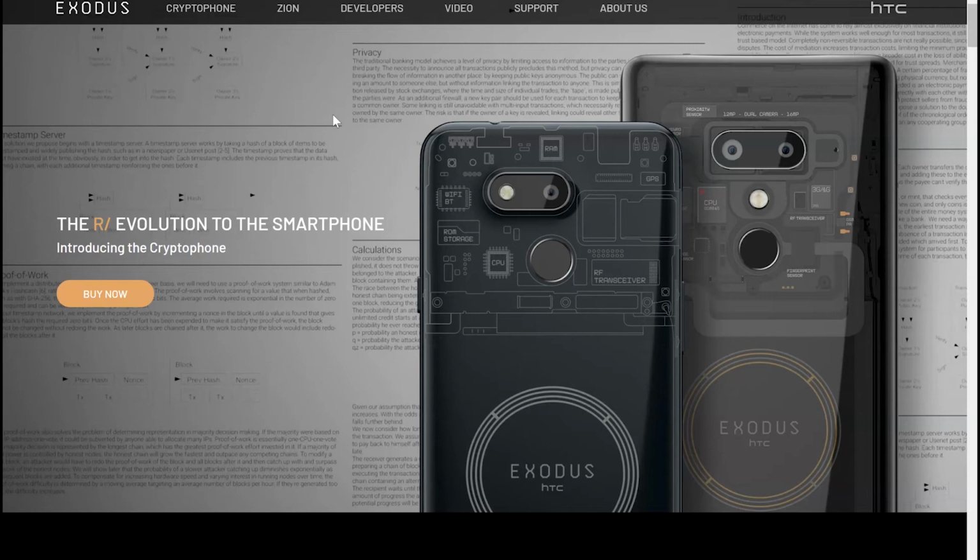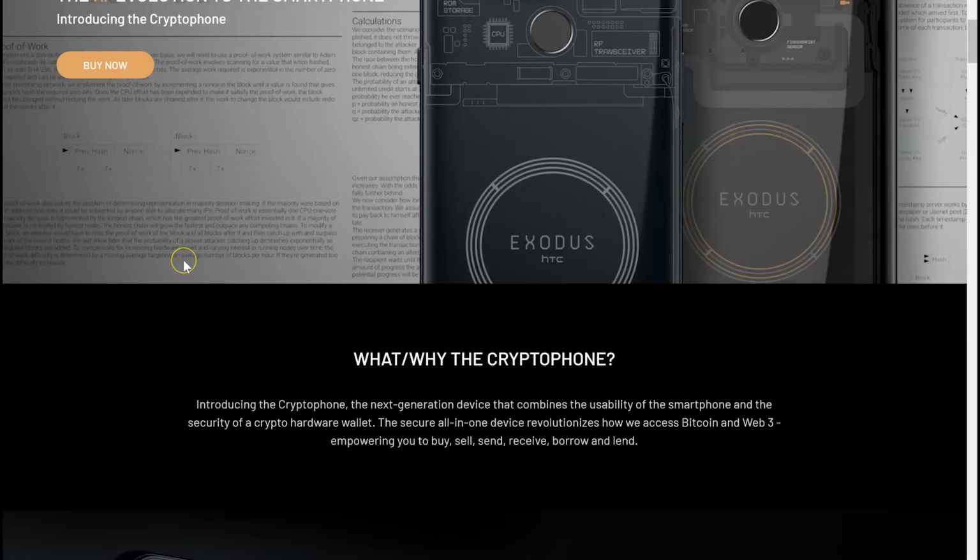It is built on the blockchain. It is the only phone I believe. There's the Exodus 1 and 2. These are the only phones I believe that are built on the blockchain. There might be other ones, I'm not sure. But I do know of this one. And this is pretty interesting.